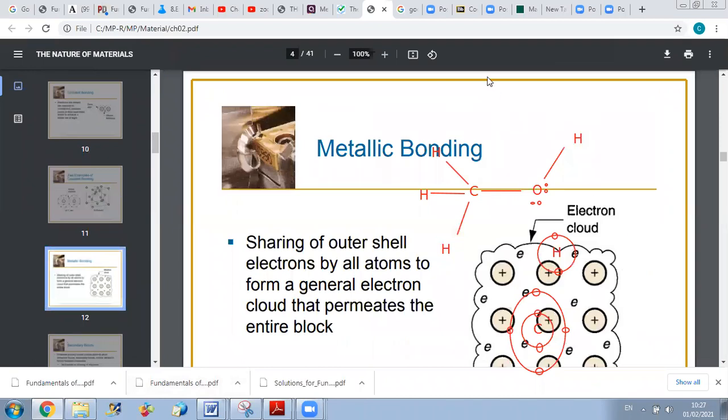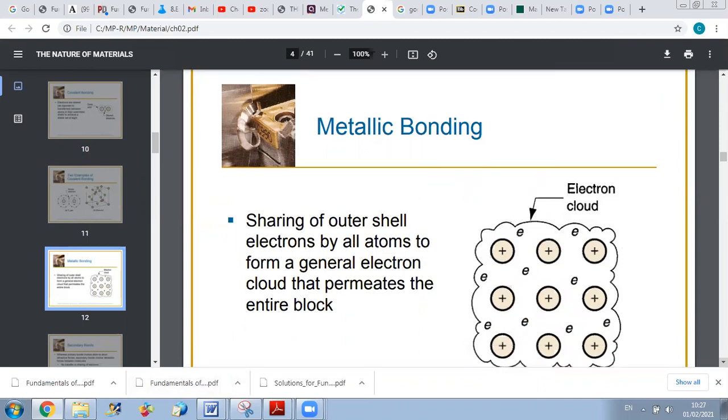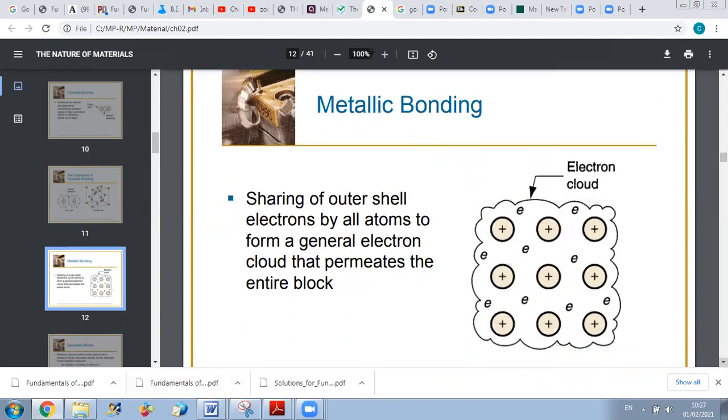So look, if you have several atoms that all are in the metal zone, so all have a few electrons on their outer orbit, the number of electrons will not be enough to form a stable set for all. So what will be done? The electrons will be dispersed as a cloud shared between all atoms. Okay, so this is metallic bonding.